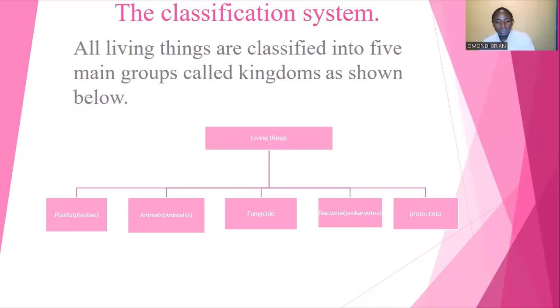You realize that plants and animals are the major kingdoms that we are going to look at for now. The remaining ones, fungi, bacteria and protoctista, we shall discuss in upcoming lessons. Okay, let's continue.